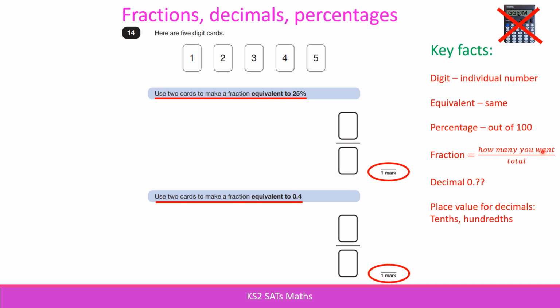Fantastic work. So hopefully you've managed to come up with some answers. So we're looking at the first one, which is equivalent to 25%. Now we know percentage is out of 100. So if we start with 25, I add on another 25. So 20 plus 20 is 40, 5 plus 5 is 10, takes me to 50. I'm going to add on another 25.